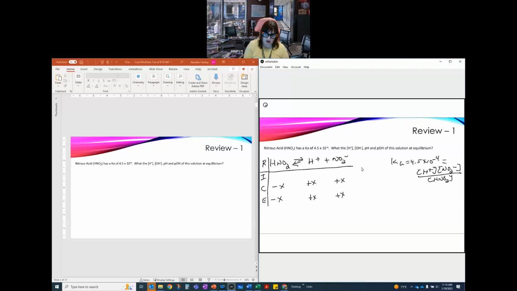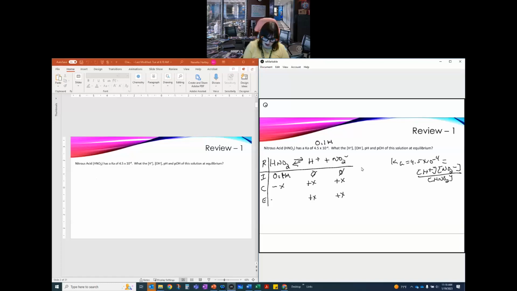But if I give you an initial concentration, and I'm just going to say 0.1 molar, because it's fairly easy for us to work with, then I can put that here. We assume that both of those are 0 when we start this, because we're breaking down that HNO2. So all I know is how much HNO2 I put into this.